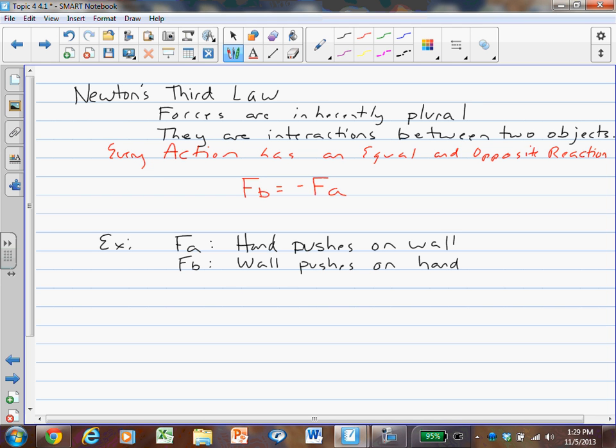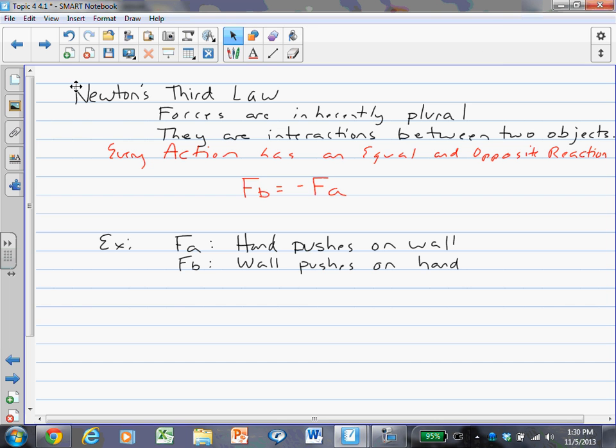So if you try to push on a piece of paper with all your might, and the paper is free to move, you're not going to be able to push any more than the paper is able to push back on you. Another example would be car hits bug.